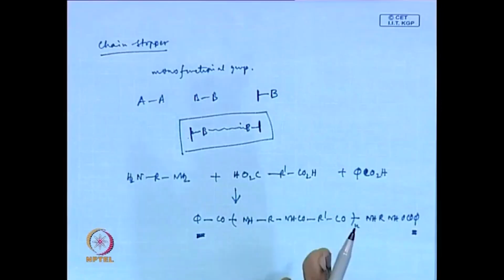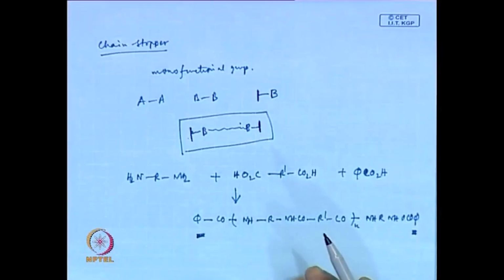But in the first case, if you stop the reaction in between at some conversion level, then after you go through the compounding and processing step, in the final article, the molecular weight will vary from your target molecular weight. That means the properties also will vary.